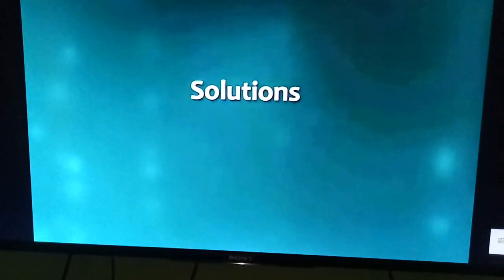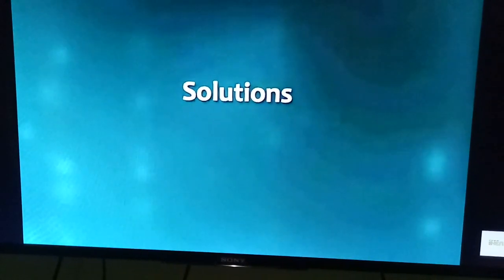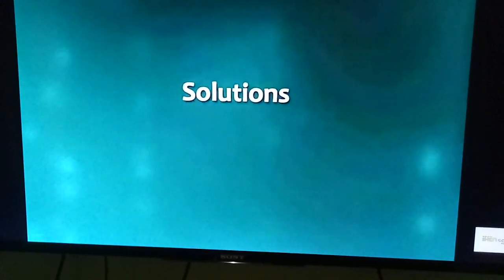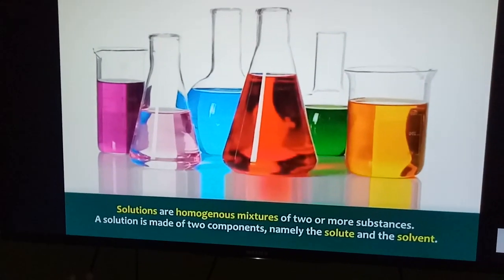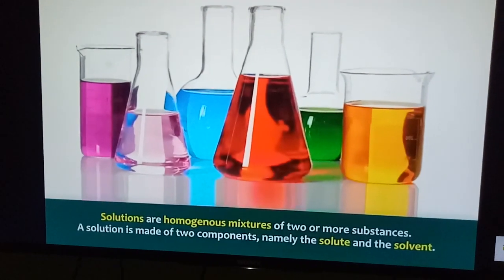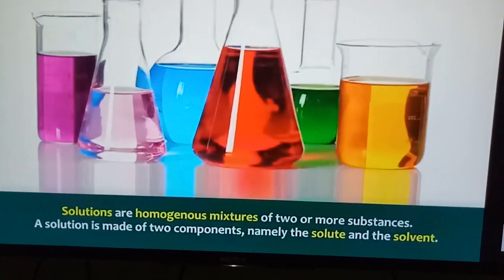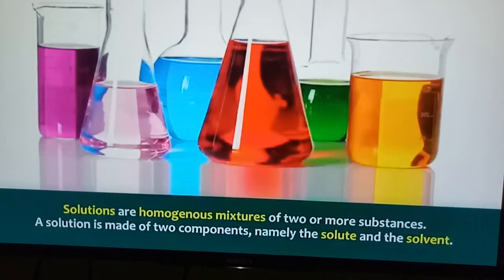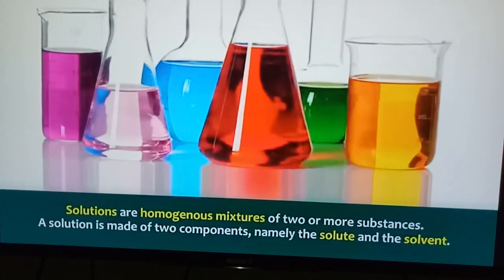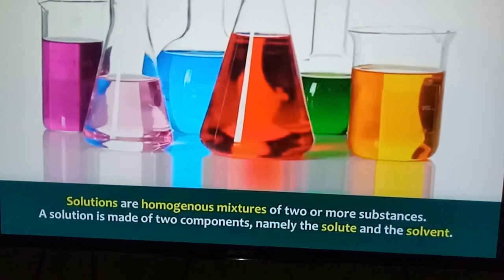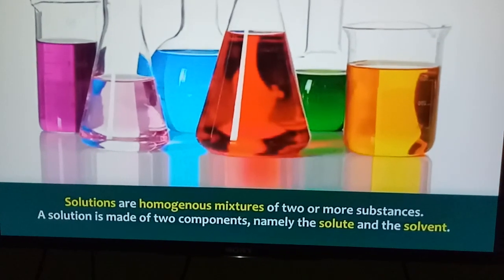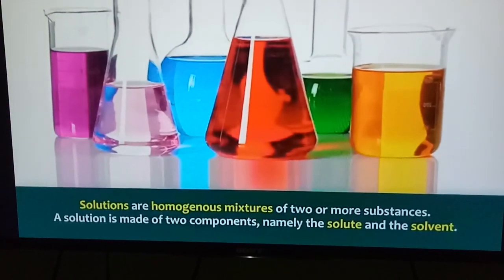Okay, now we'll see the definition of solutions. What are solutions? Solutions are homogeneous mixtures of two or more substances. A solution is made up of two components, namely the solute and the solvent.